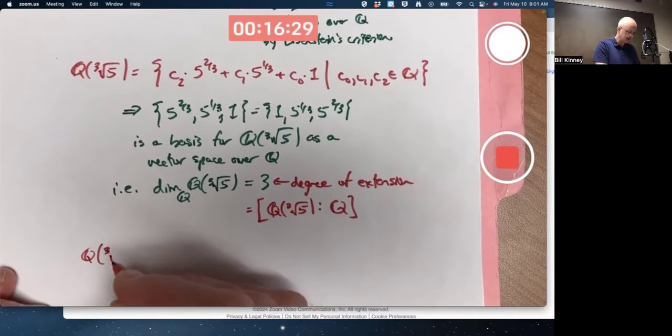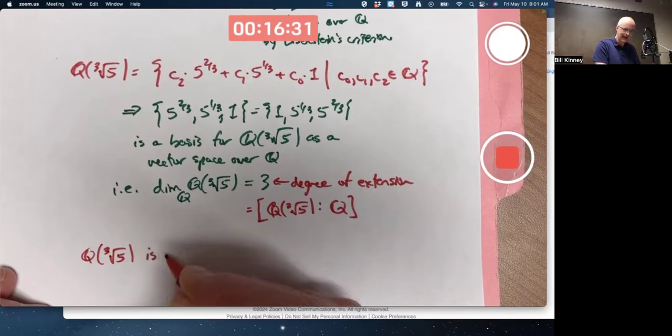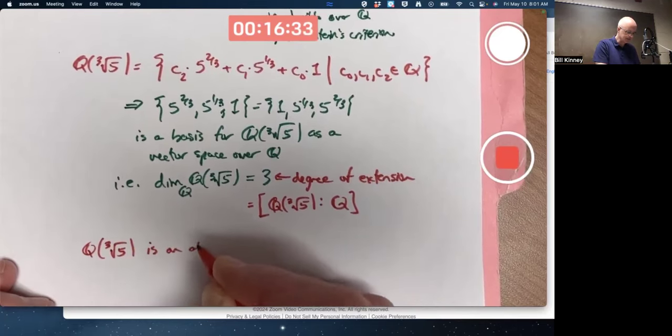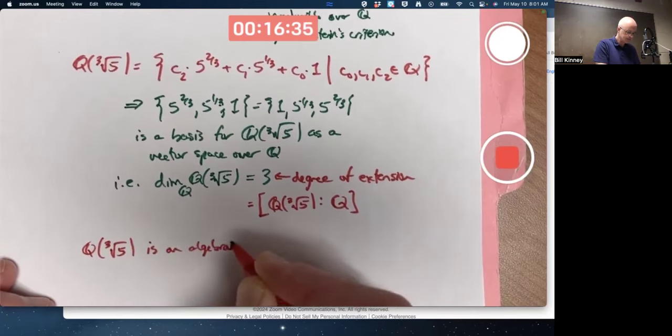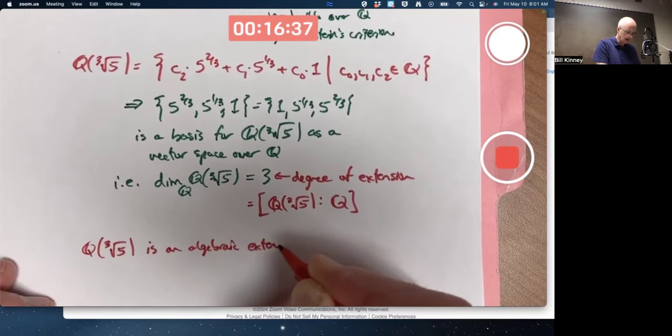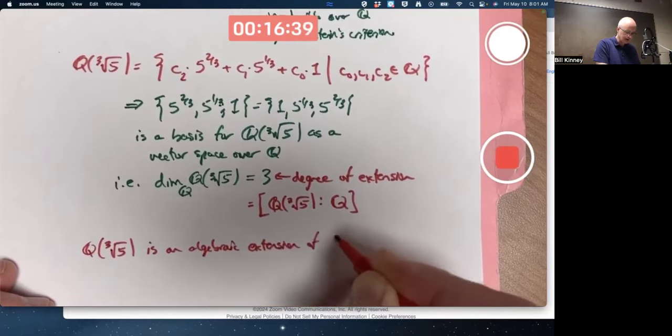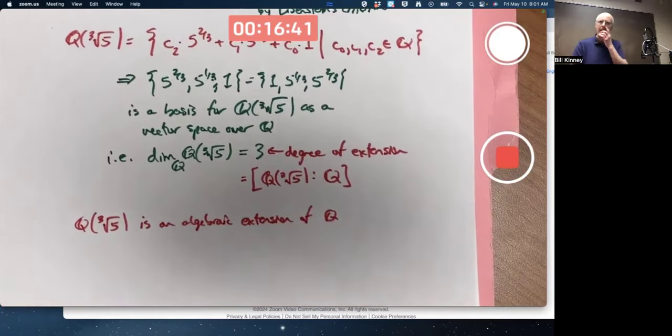Q adjoining the square root of 5 is an algebraic extension of the rationals. What does that mean?